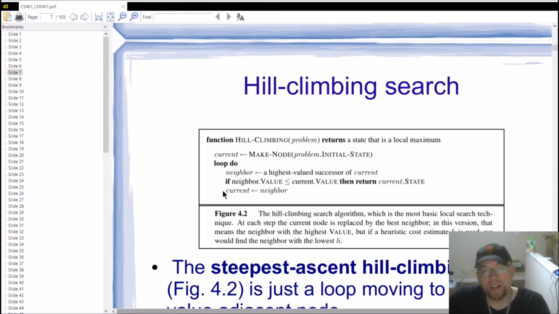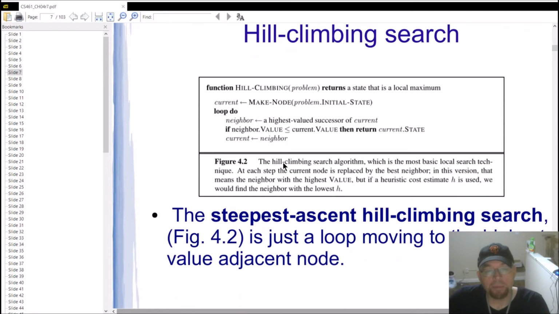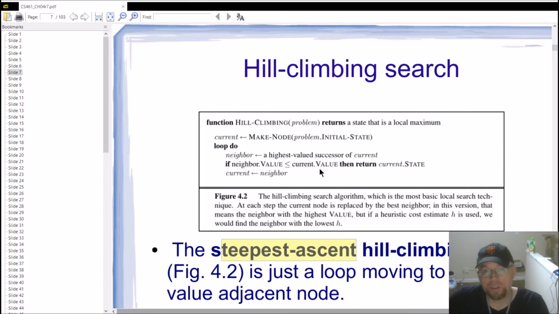And if that neighbor's value is less than or equal to our current value, then we return. Otherwise, we update our current with the neighbor, and then the algorithm continues, okay? So what this is, essentially, is just the steepest ascent version of hill climbing search, okay?